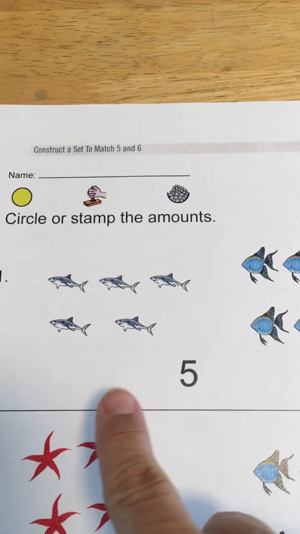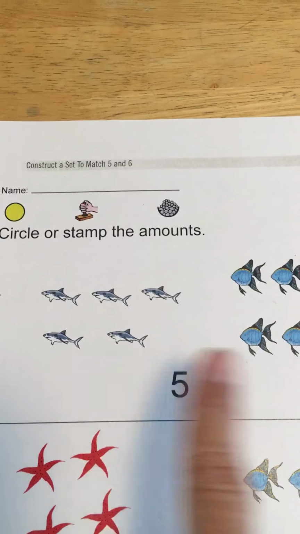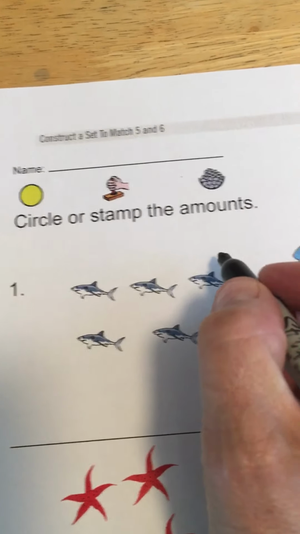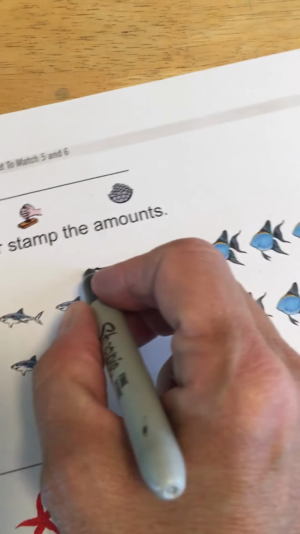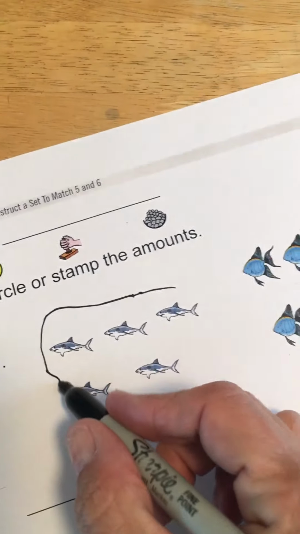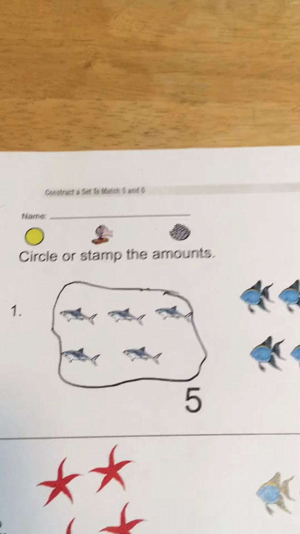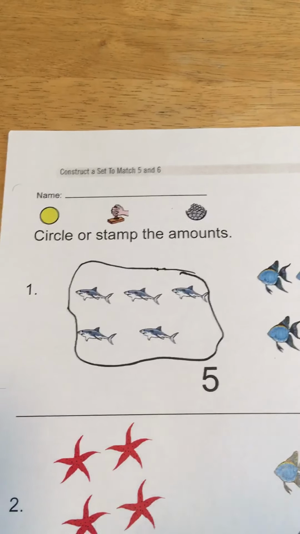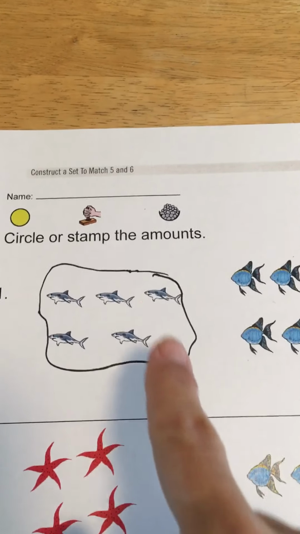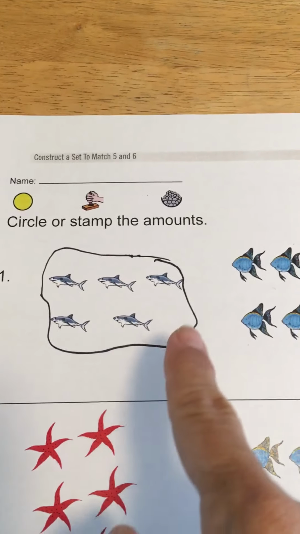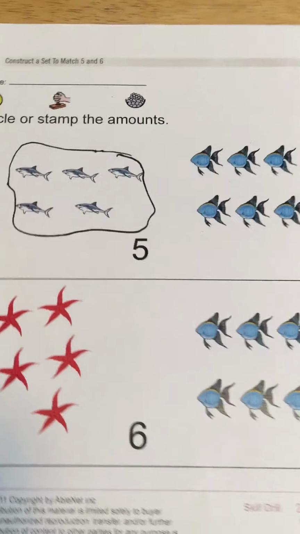Oh no! So you can say, this isn't 5. There are 6 fish, but there are 5 sharks. And the correct answer for this sheet would be to circle the set of 5 sharks. So rather than circling each shark individually, we want to indicate the set that has 5.